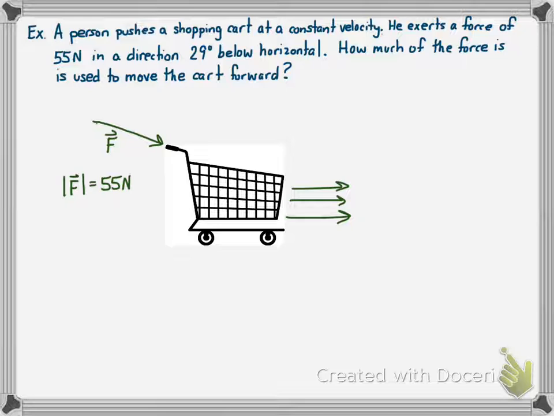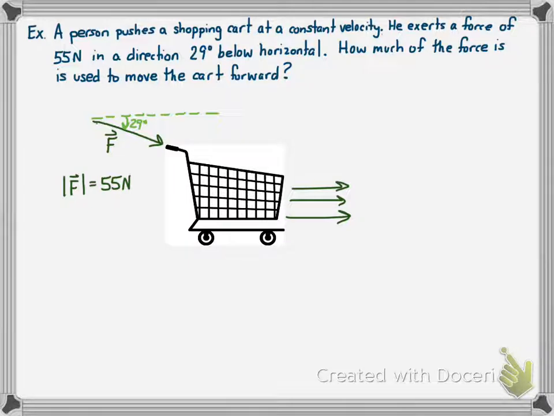So if you think of making a horizontal line from the tail of the vector, 29 degrees below horizontal is sort of like the angle of depression that we talked about before. Okay, so we have our force, and we have a 29 degree angle of depression. And our question is, how much of the force is used to move the cart forward?